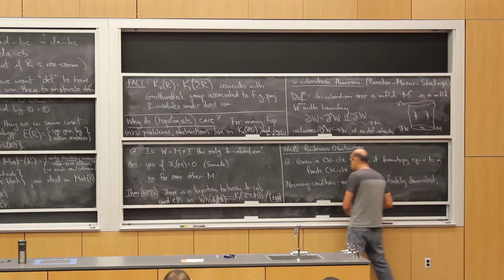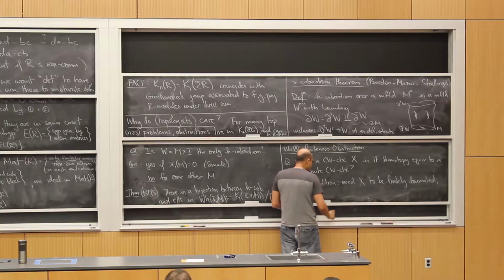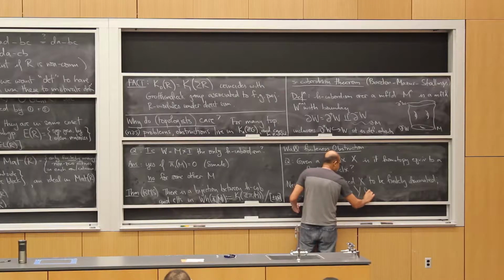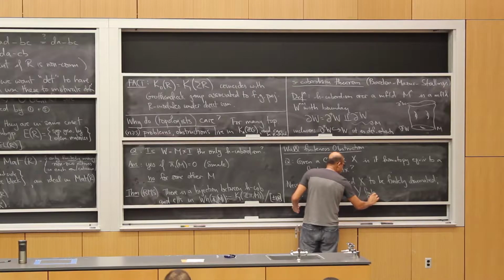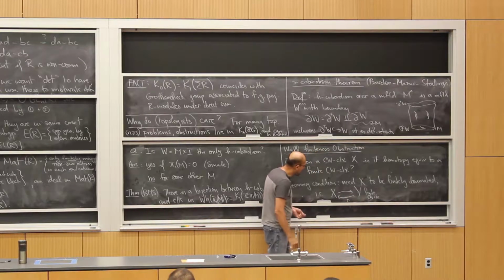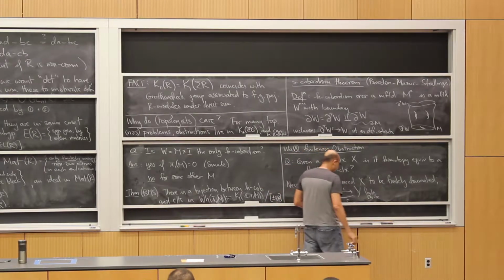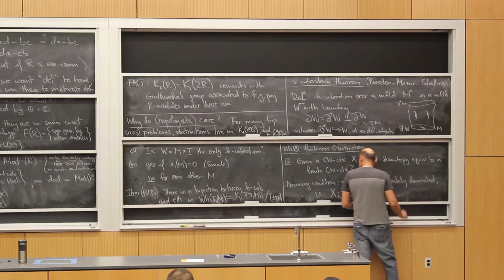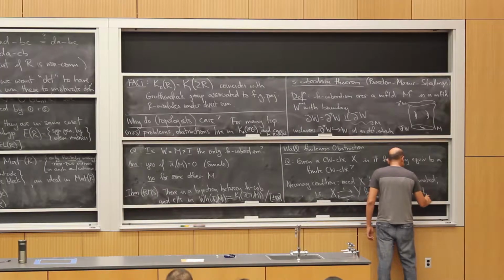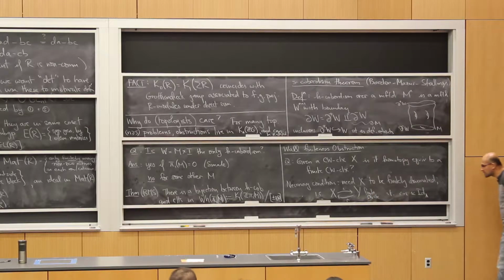So this means you need a map from X into some Y, which is finite CW, and a retraction, a map going the other way. I'm going to call these I and R, such that R composed with I is homotopic to the identity on X. So X looks like a retraction of something that's finite.